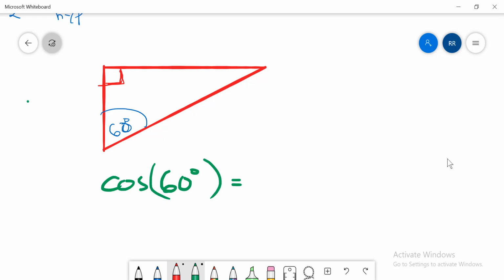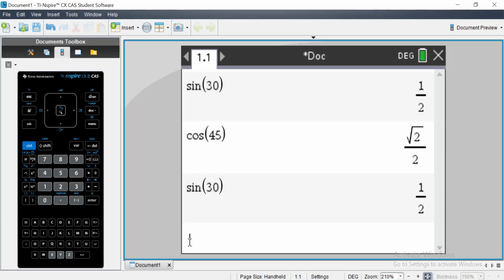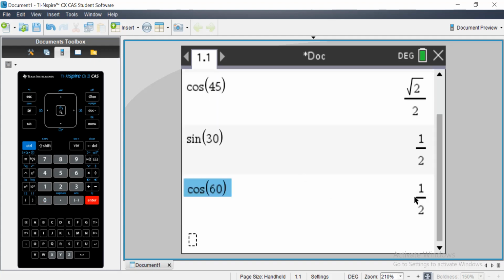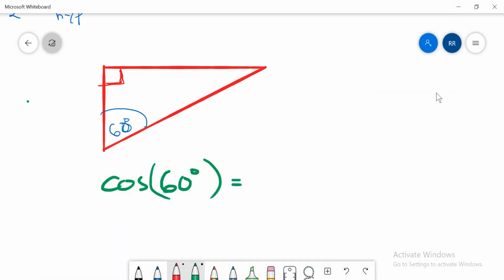Again, you can use your calculator to calculate the value of cosine 60. Cosine 60, and then press the equal sign, and then you have this number here. So it's 1/2.